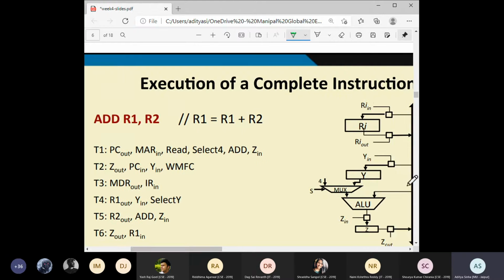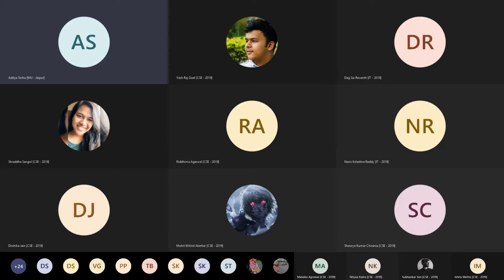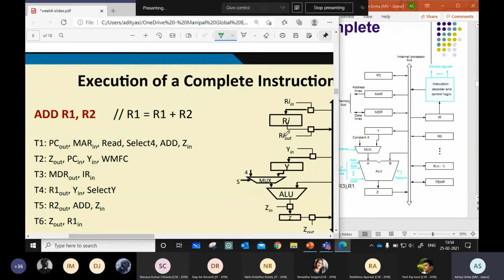The PowerPoint? No, sir, the diagram, this one. Okay, just a minute. Can you see it now?